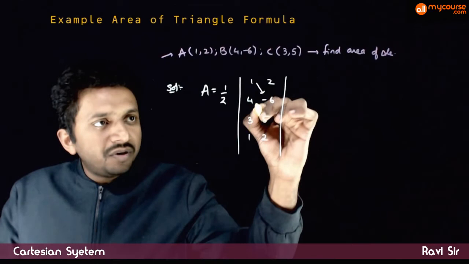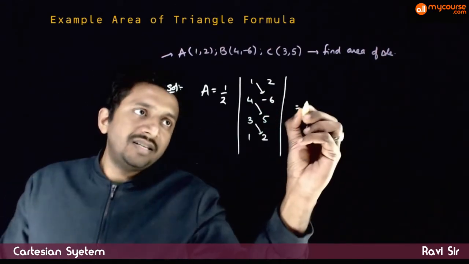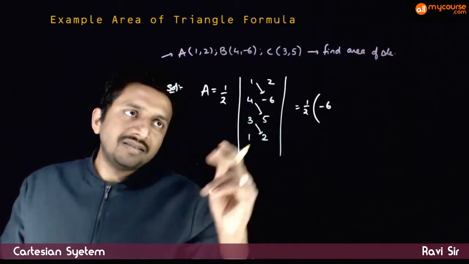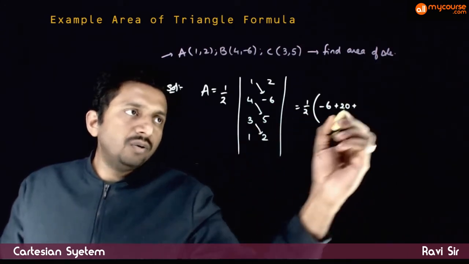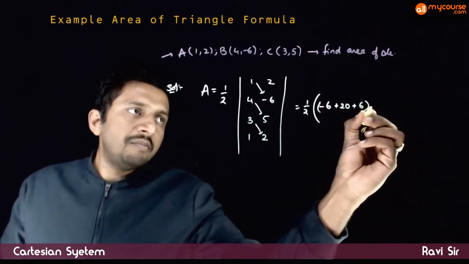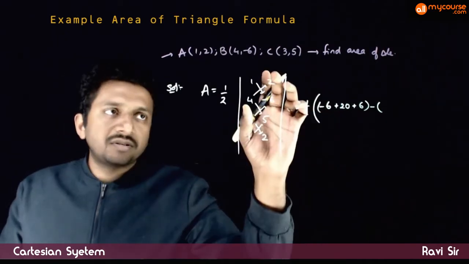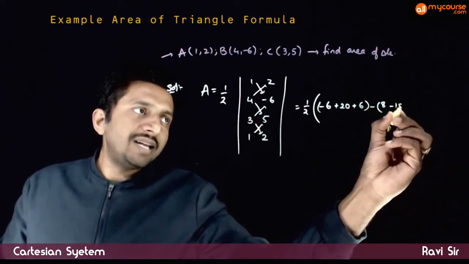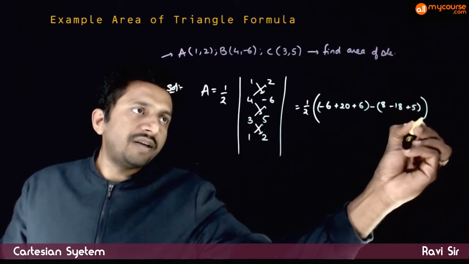So now the downward arrows have to be multiplied and added. That is equal to half times, in the bracket, 1 into minus 6 is minus 6, 4 into 5 is 20, 3 into 2 is 6, minus the summation of the upward arrows: 4 twos are 8, 3 into minus 6 is minus 18, 1 into 5 is 5.